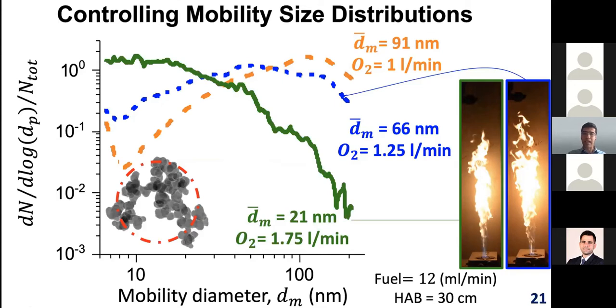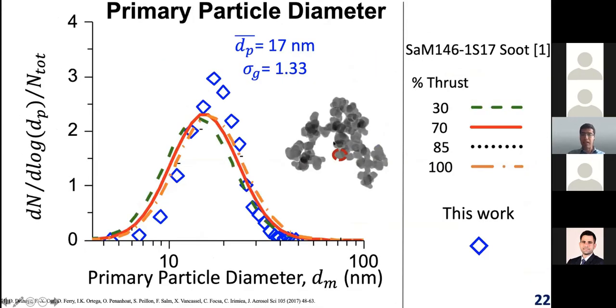And now let's take a look at the primary particle diameter of these agglomerates. So here you're looking at the normalized primary particle size distribution of FSP-made soot particles, shown in blue diamonds, for a flame that resulted in an average mobility diameter of 66 nanometers. Particles sampled from that flame have an average primary particle diameter of 17 nanometers, less than the 20 nanometer target that we had in mind, with a geometric standard deviation of about 1.33.